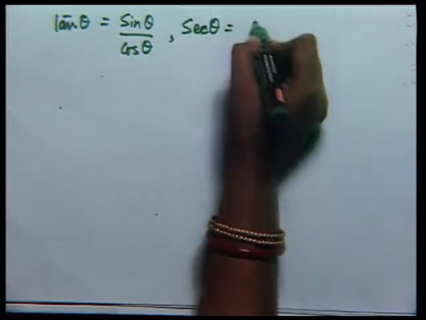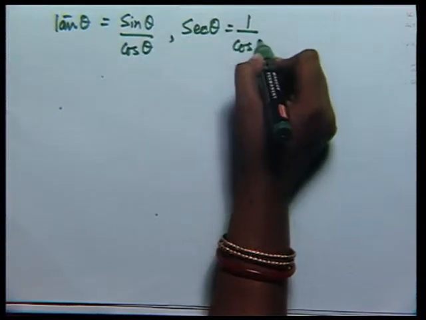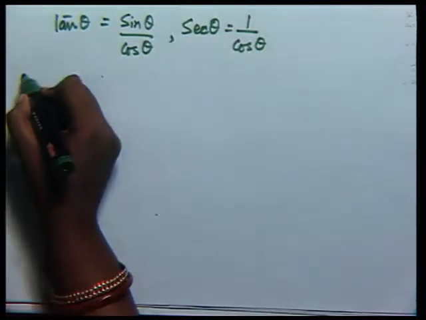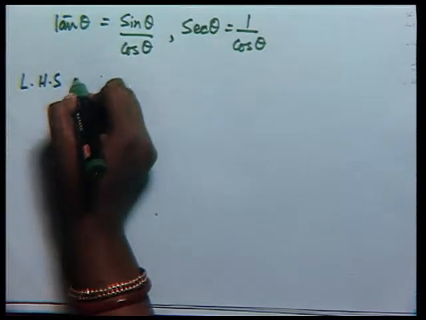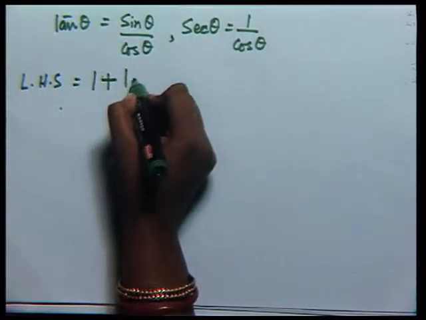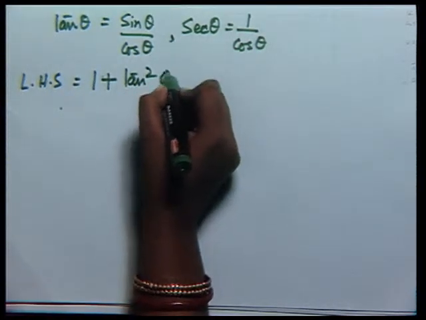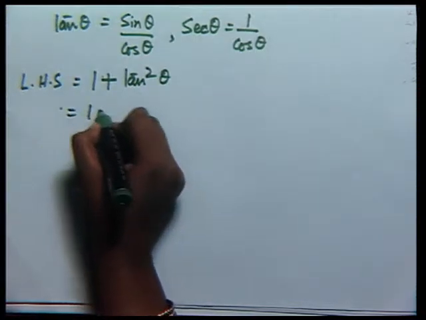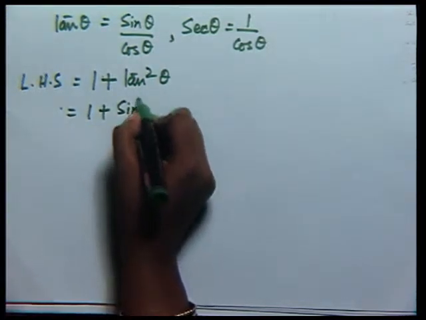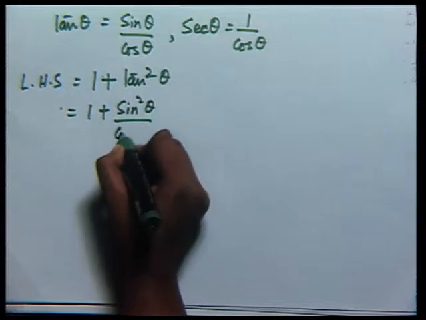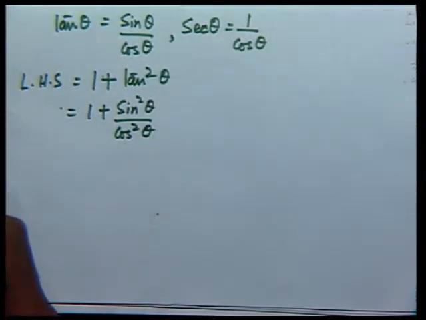theta is equal to 1 upon cos theta. So, the left hand side of the equation, which was 1 plus tan square theta, becomes 1 plus sin square theta upon cos square theta.